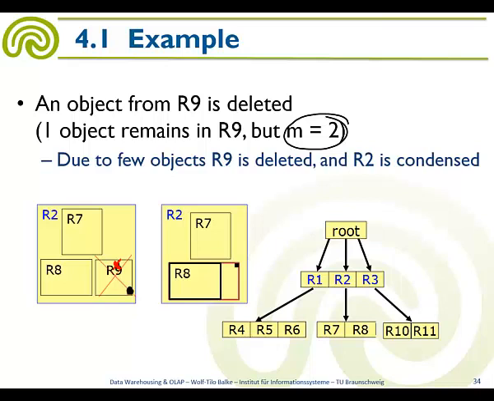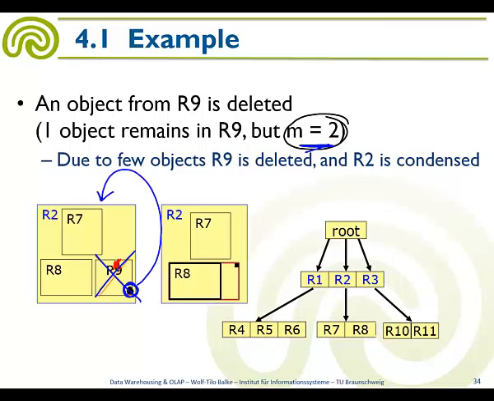So we go into R9 and we remove this data point. What happens is R9 now has only 1 child that is here, and this is lower than the lower bound that we have. So what do we do now? We delete R9, and we take this point, and we do this insertion operation.